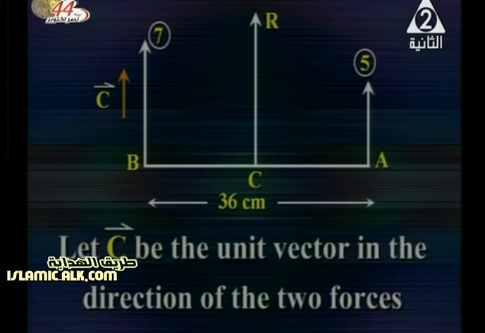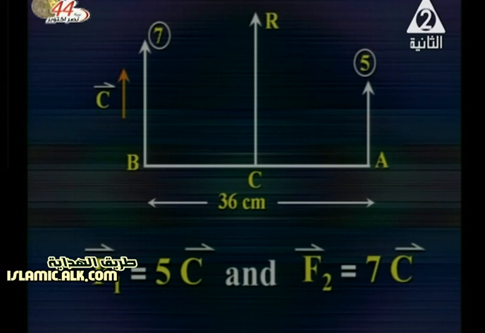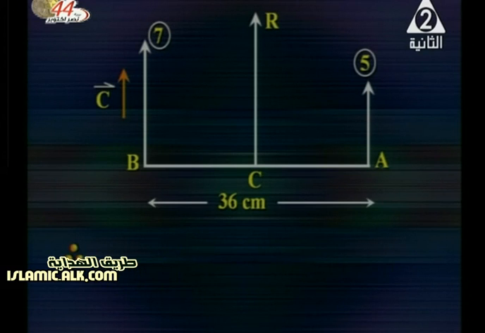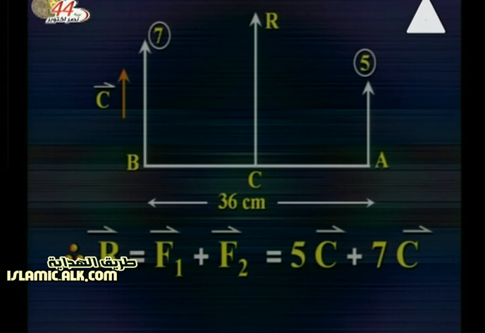Look at the figure. Let C be a unit vector in the direction of the two forces. F1 equals 5C, F2 equals 7C. What is R? The resultant of the two forces equals F1 plus F2, which equals 5C plus 7C, in the same direction, equal to 12C.